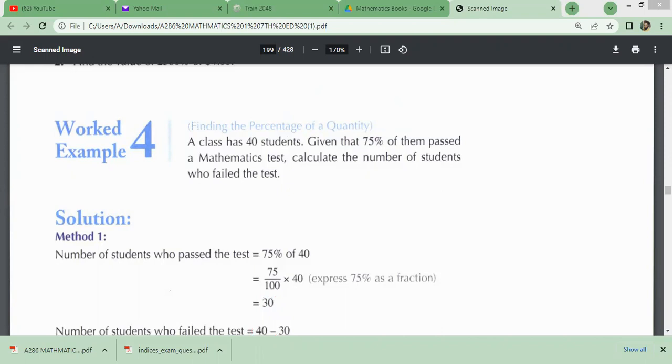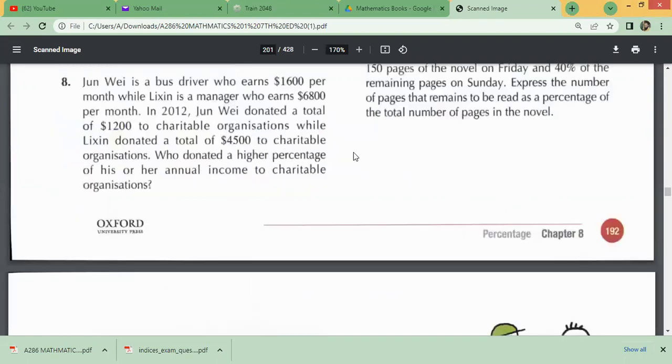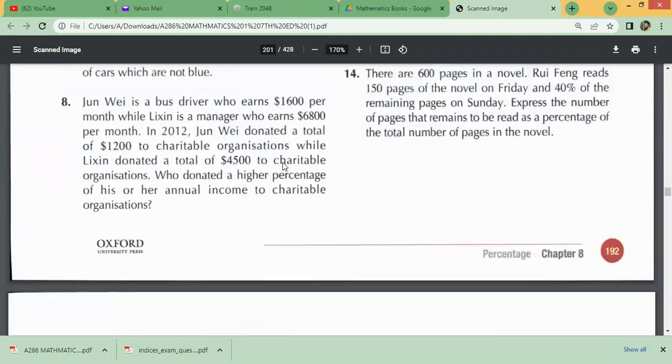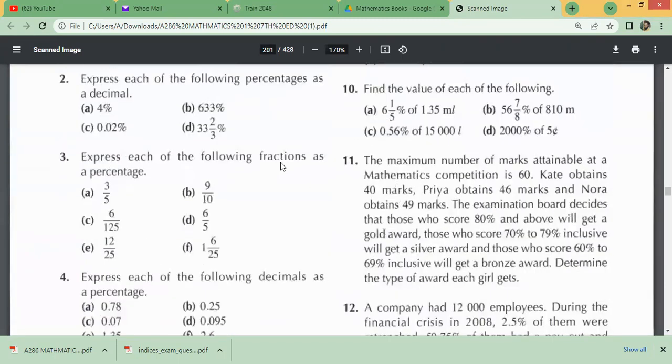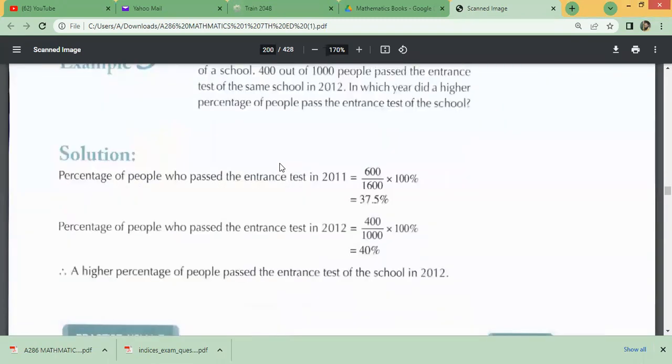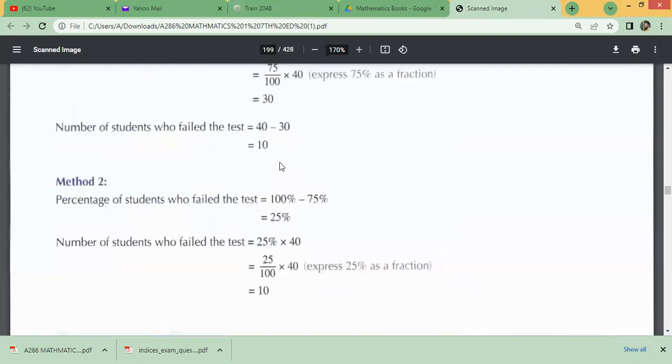The other method that we can use is, 100 minus 75, so 25% of students failed. We calculate 25% of 40, we get 10. So these were the two methods that we discussed.